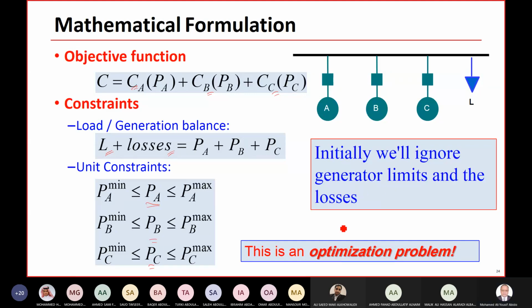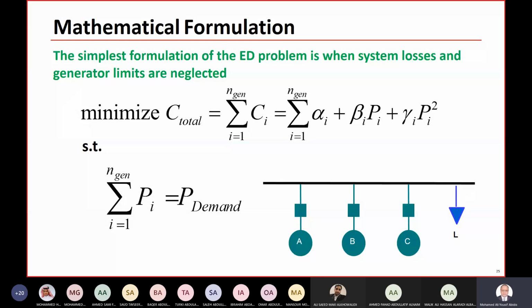Definitely, as I mentioned, we will start with the simplest formulation. We will initially ignore the generator limits and the losses. We will take this out and also this out. So we have a very simple optimization problem, and then we can see how to solve it. Later, we will introduce these constraints one by one.